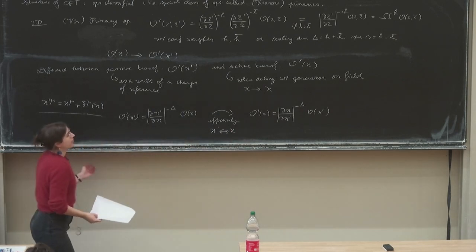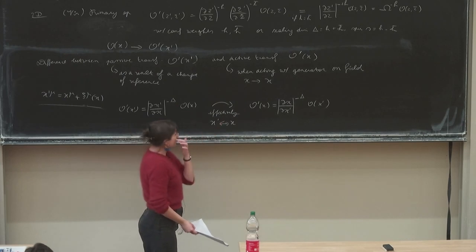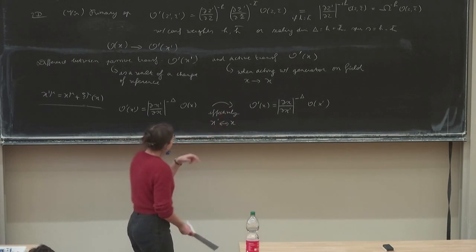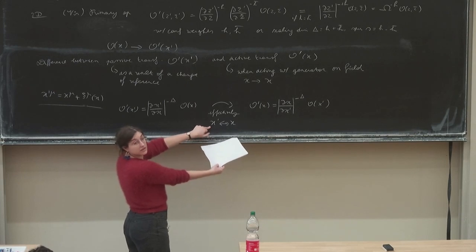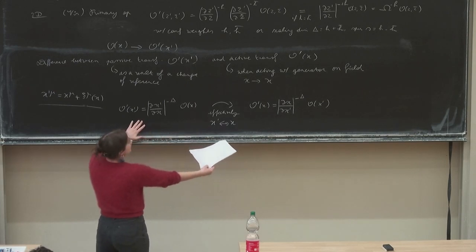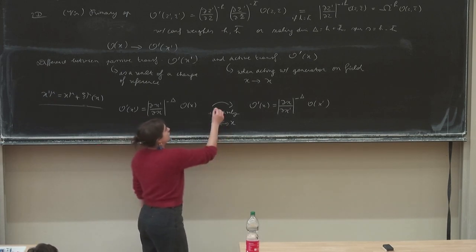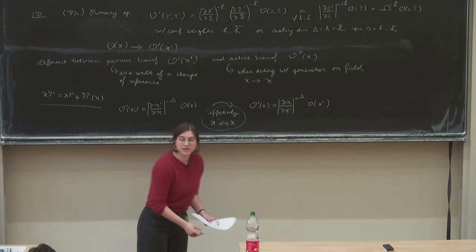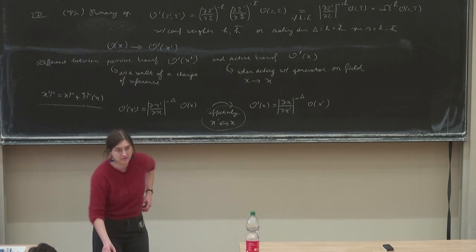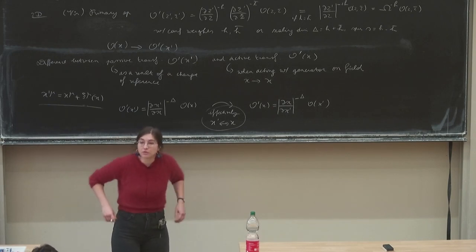So the trick to get the active form of the transformation is that you can effectively swap the roles of x prime and x. So let's see if I did it right. I think so. Why this is true, this rule, is something that we can discuss in the exercises with an example. Okay. But it helps to know this rule.